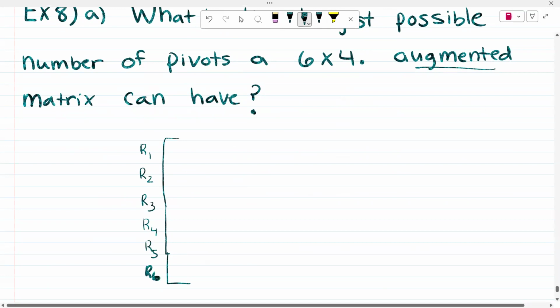And call this x1, x2, x3. So if this is an augmented matrix, the last column would be your B.